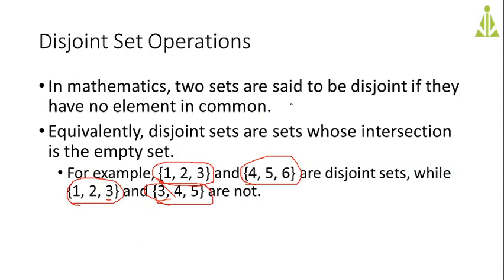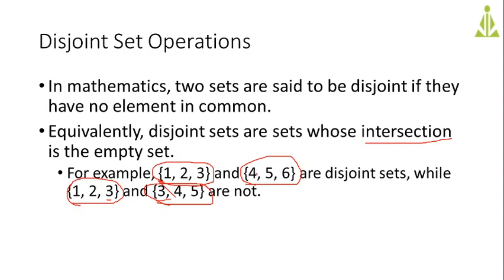And the next point, we can say their intersection is empty. When both are different, then our intersection is empty, so it is a disjoint set. Okay, I hope you understand. In these two sets, there should not be a common element.